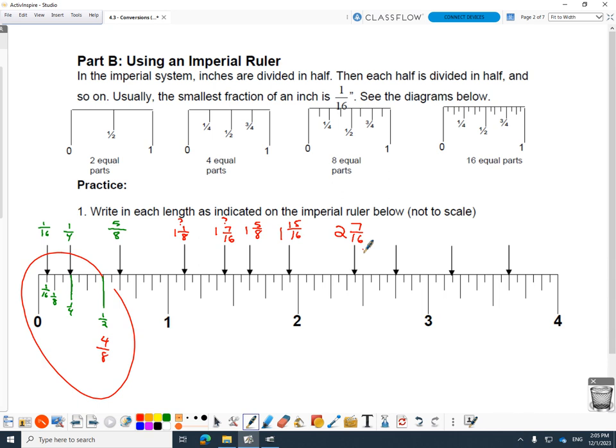So say you're at your new construction job, and they say, go measure that, and you measure it, and you go, okay, Mr. Todd said count them up. 1, 2, 3, 4, 5, 6, 7, 8, 9, 10, 11, 12 sixteenths. It's correct, and your new boss is going to be like, hey, come on. 12 sixteenths, 3/4.